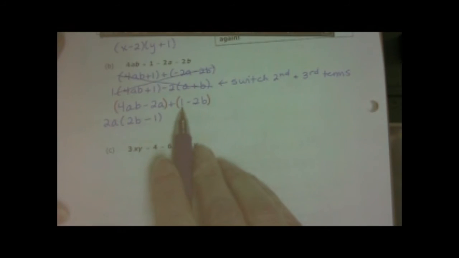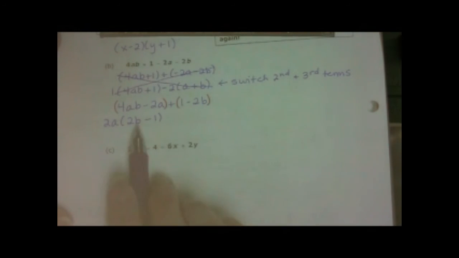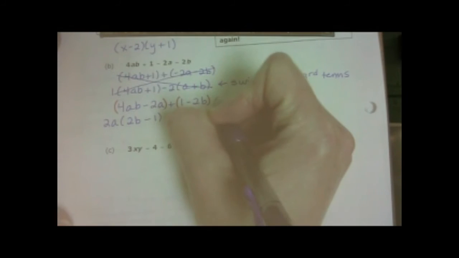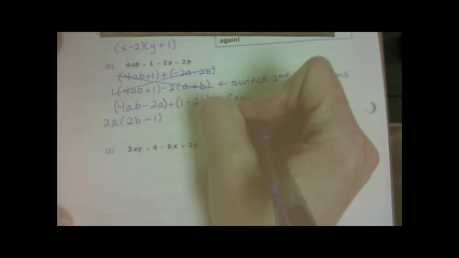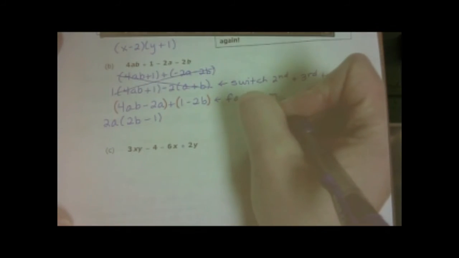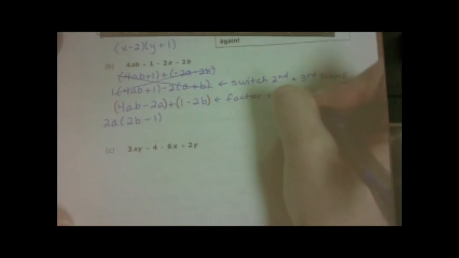Now, if I look at this, my greatest common factor is 1. But if I factor out a 1, this and this are not the same. They have different signs. So in order to make them the same, I've got to factor out a negative 1. All right, so factor out a negative 1.